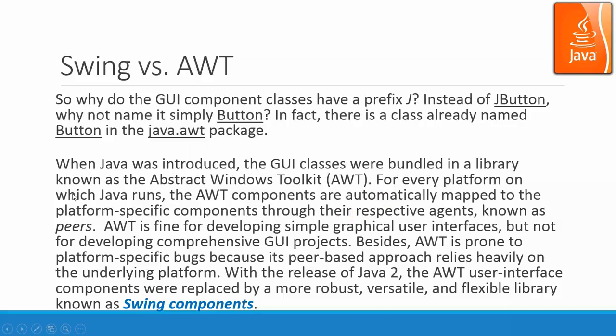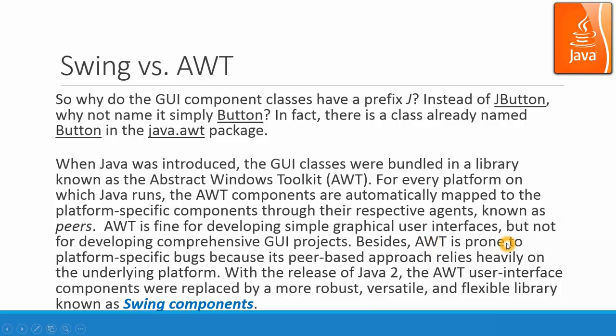For every platform on which Java runs, the AWT components are automatically mapped to the platform-specific components through their respective agents, known as peers. AWT is fine for developing simple graphical user interfaces, but not for developing comprehensive GUI projects.